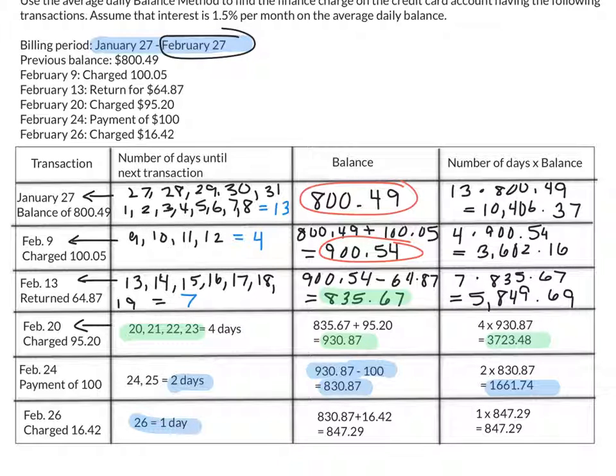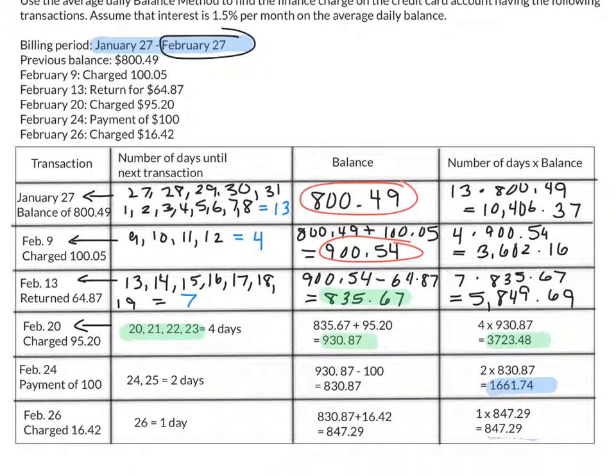And then $830.87 plus $16.42 gives us a value of $847.29. We'll multiply that value by 1, so our balance is $847.29.